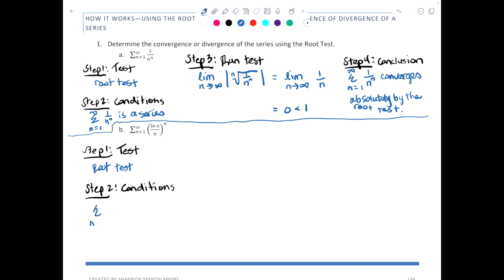The summation as n goes from 1 to infinity of (natural log of n over n), all raised to the n, is a series. And step 3, run the test.